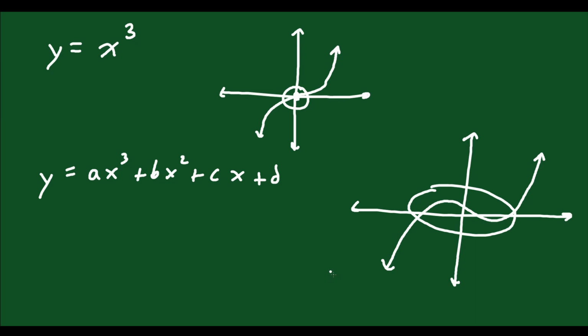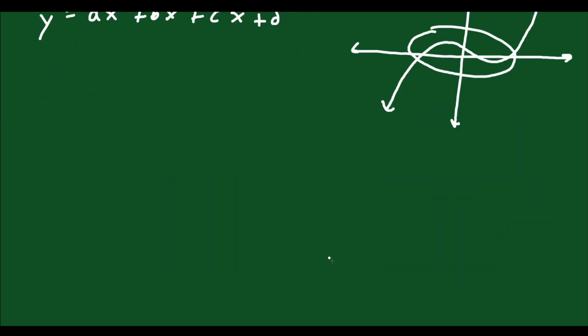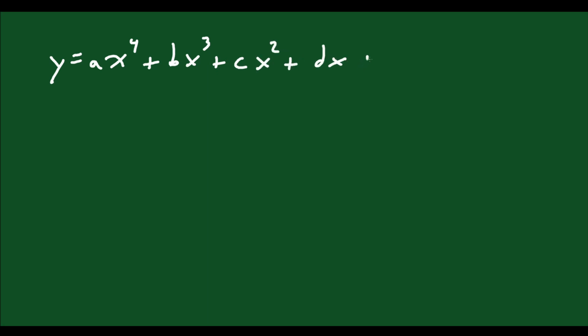But for something like a fourth degree function, let's say you have y equals ax to the 4 plus bx cubed plus cx squared plus dx plus g. I'll use g for this one. What are we going to have? Well, again, depending on what these coefficients are, you have the potential for a graph that looks something like this.